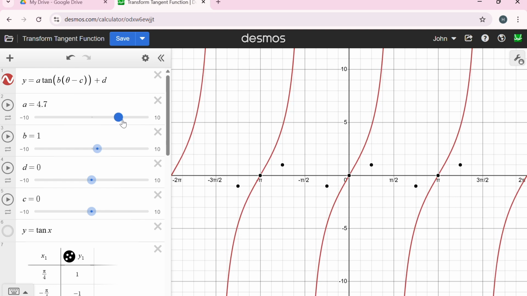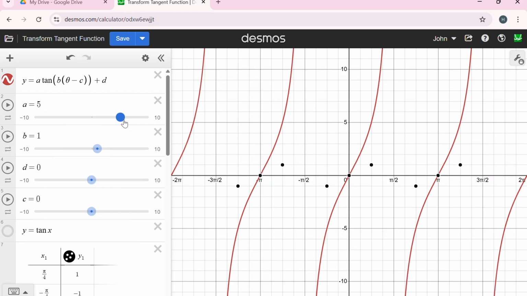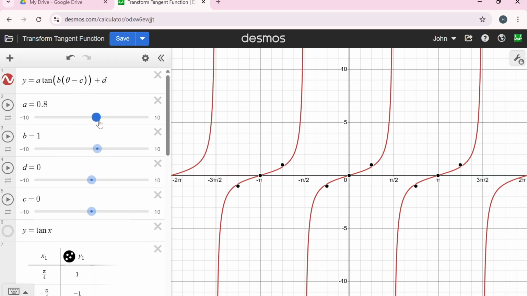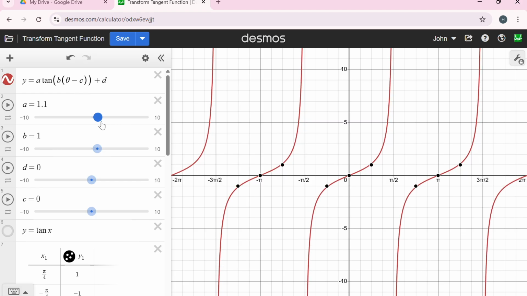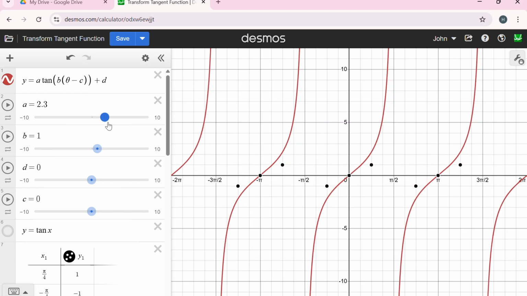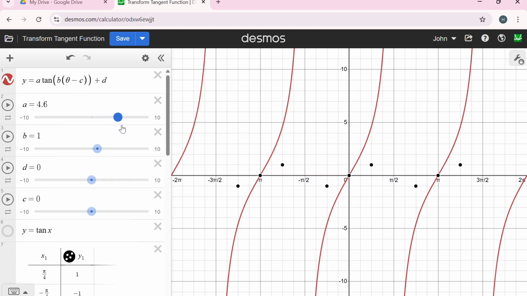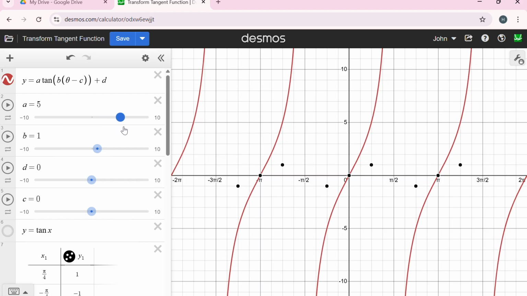If I go to a equals 5, does it make sense that the point (pi over 4, 1) will go to (pi over 4, 5)? Yeah, it does. So the x values are what's unchanged; that's the x value.